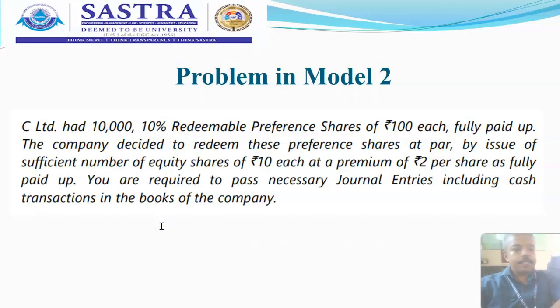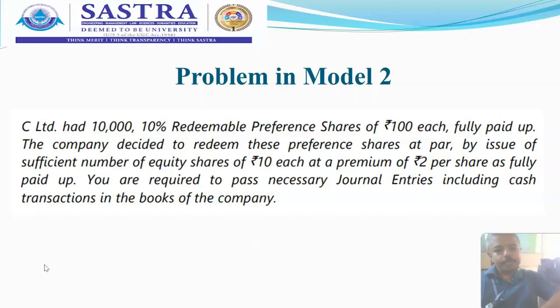Now I will take you to the next model sum: the issue of preference shares, or redemption of preference shares through the fresh issue at a premium. Here C Limited had 10,000 10% redeemable preference shares of ₹100 each.